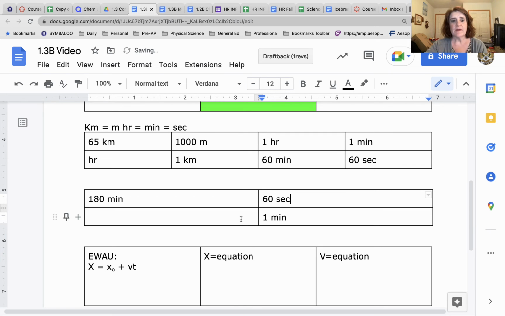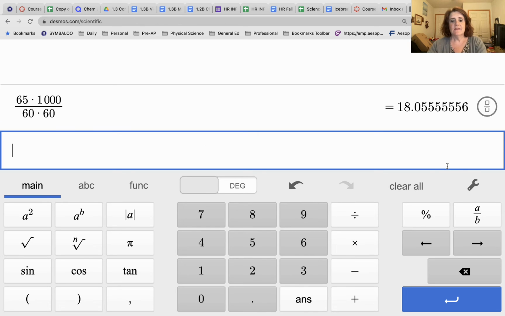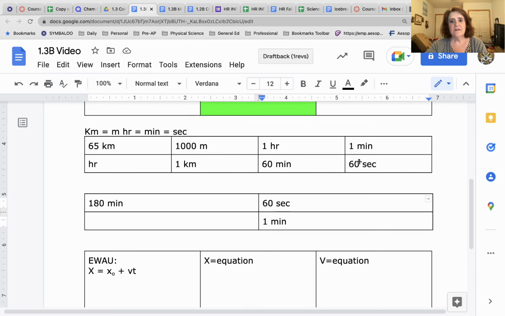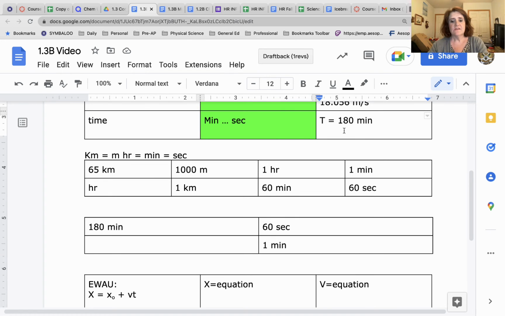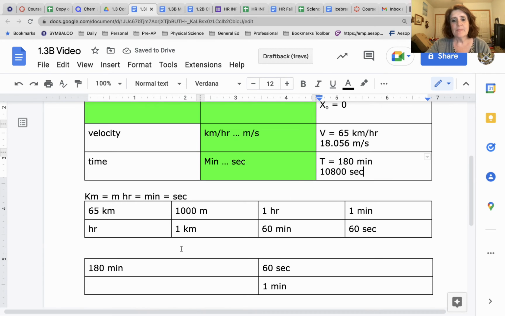Notice the top and the bottom. So 180 times 60, right? 180 times 60 is 10,800 seconds. So 10,800 seconds is really the calculation that I need.